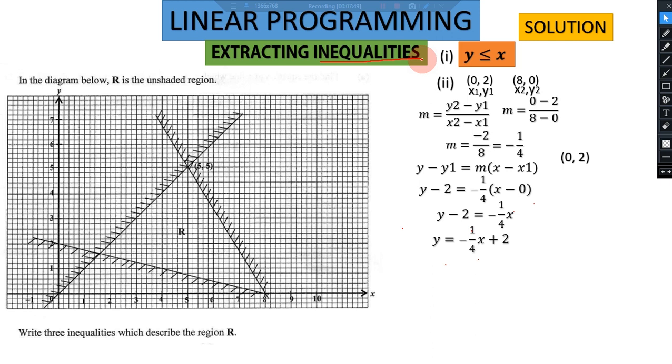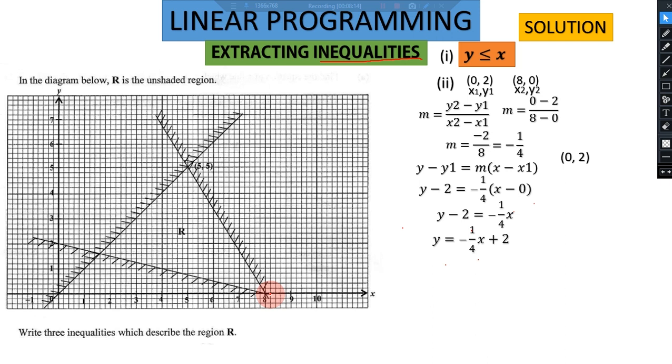Now you come back to your line. What type of line is this? It's a solid line. So since it's a solid line, you can use either greater than or equal to, or less than or equal to. Those signs with an equal sign are the ones that you are going to use, because it's a solid line.